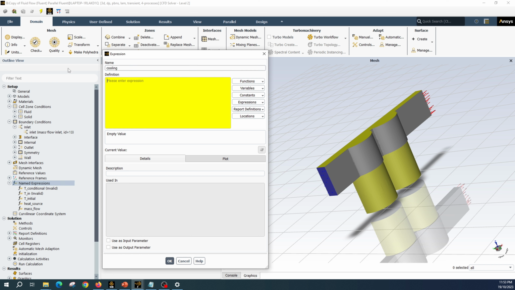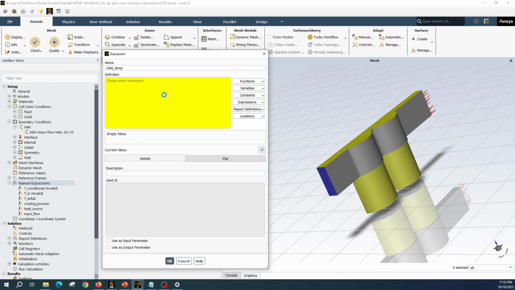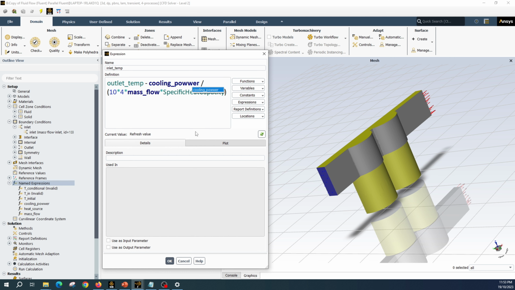I will come back to this one later. Okay, cooling power is 5 watt. I will come back to the cooling power in a minute. It is double W. Okay, there is just a small error.